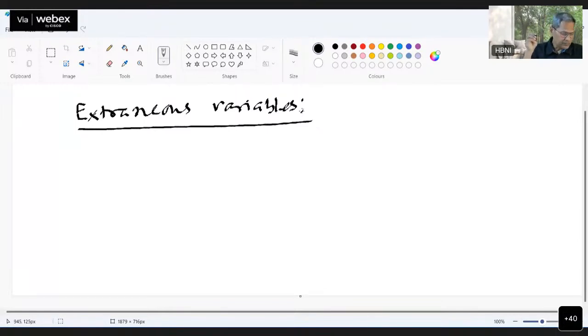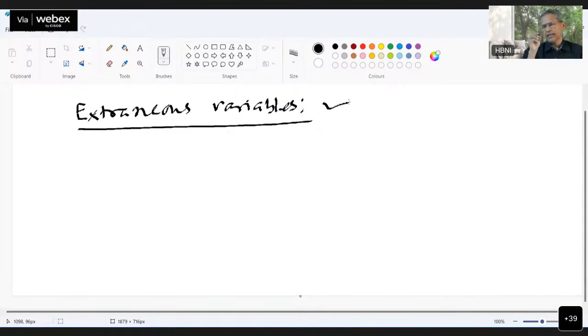Other than x, if there is another variable which may be affecting your dependent variable like y, they are termed as extraneous variable. That means independent variables that are not related to the purpose of the study but may affect the dependent variable. They are called extraneous variables.